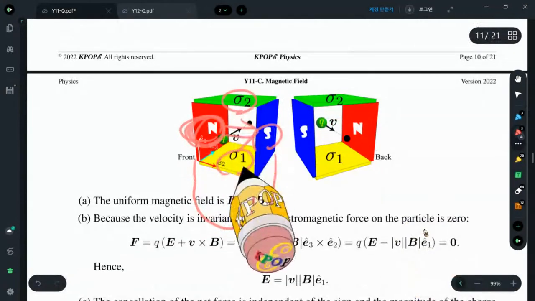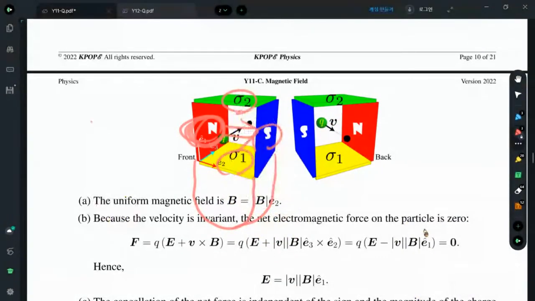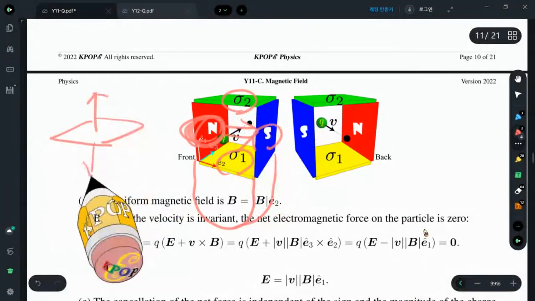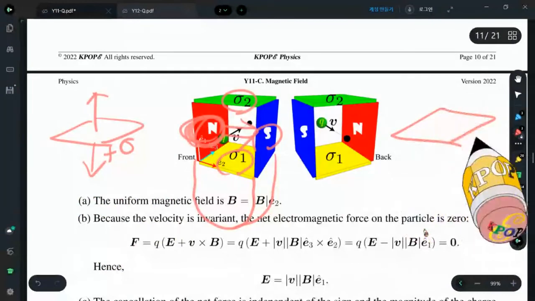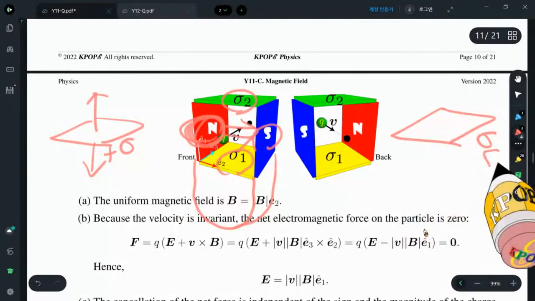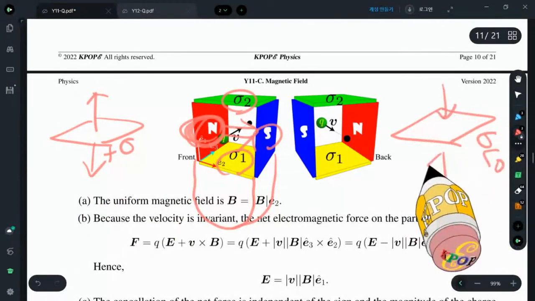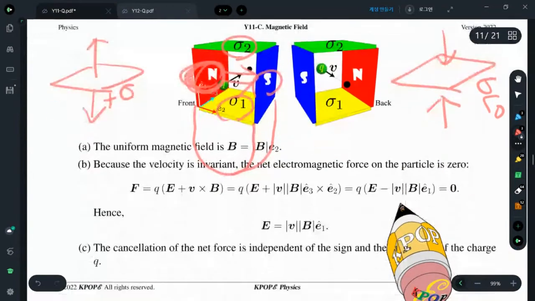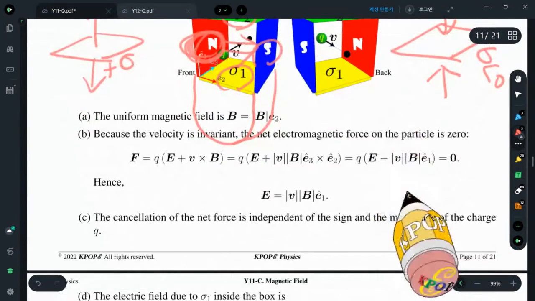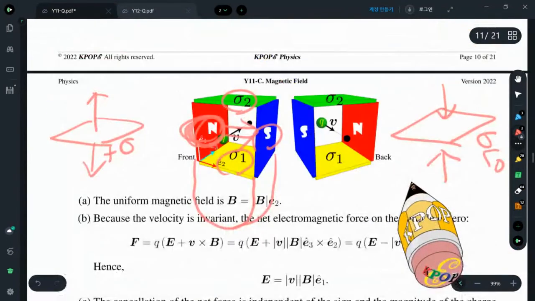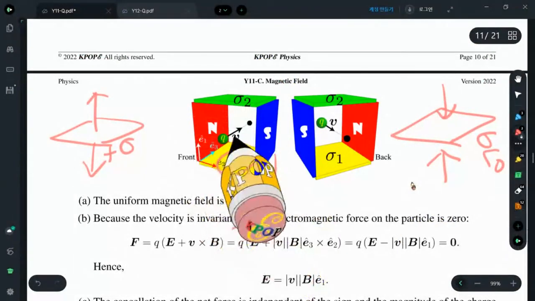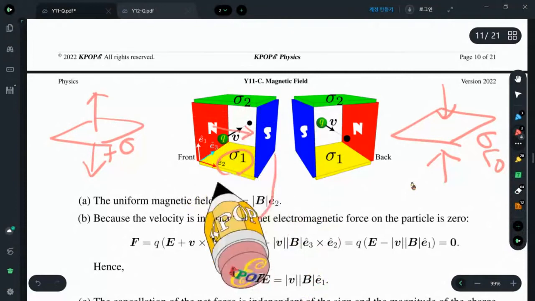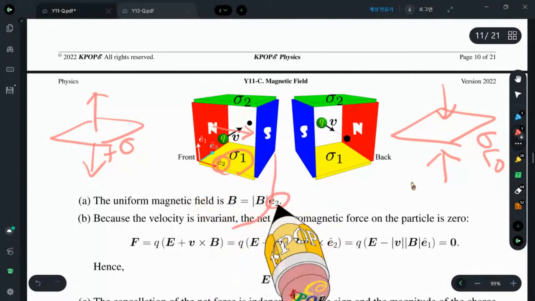We don't know what the electric field is, but the electric field is emitted if sigma is positive. If sigma is negative, then the electric field comes in. First of all, the magnetic field is certainly along this direction.